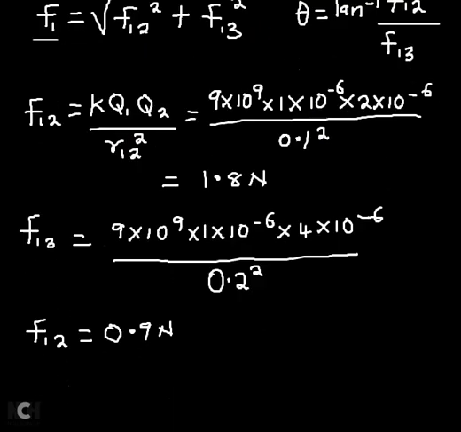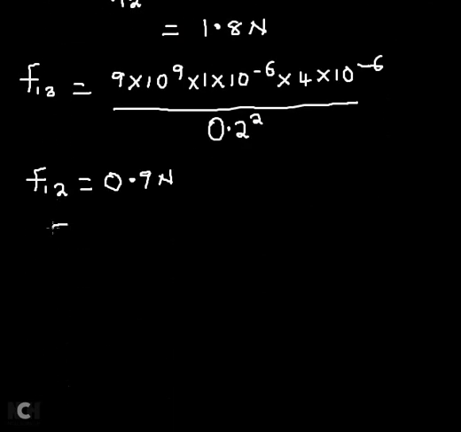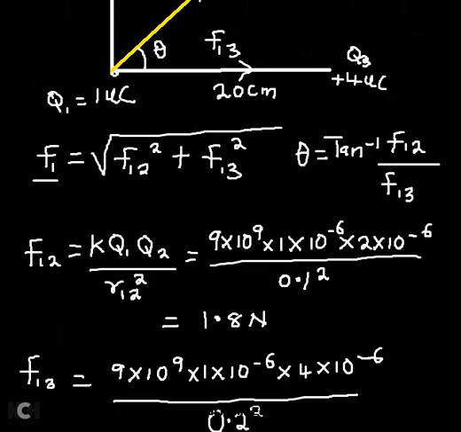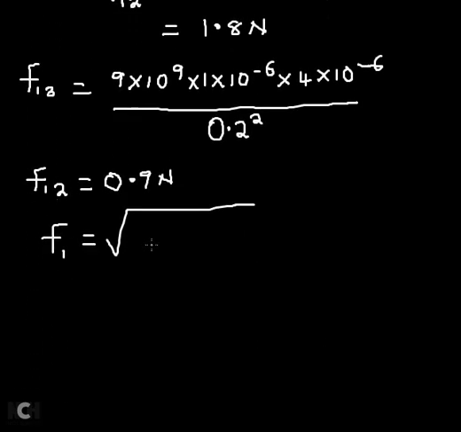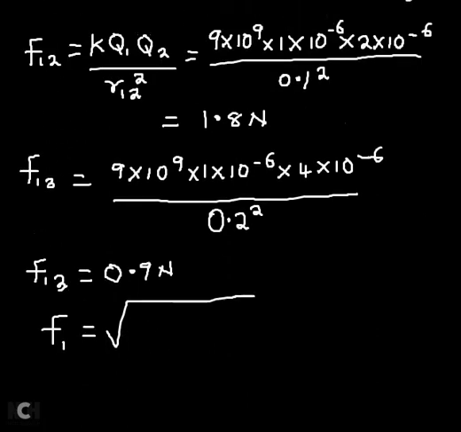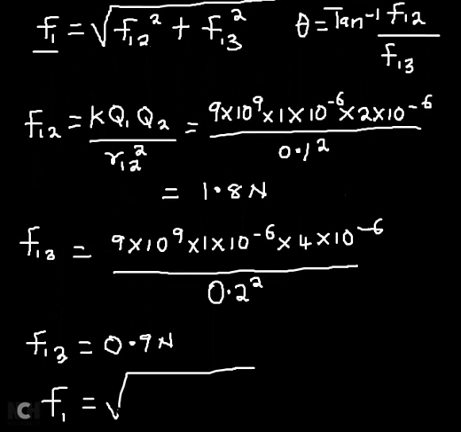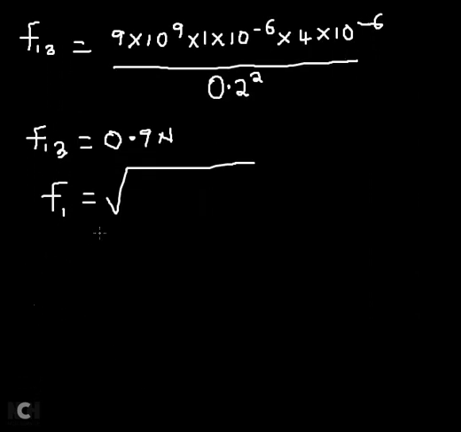Okay, so now let's get our resultant. Don't forget F1 is going to be equal to the square root of F12 squared plus F13 squared, and my F12 is 1.8.